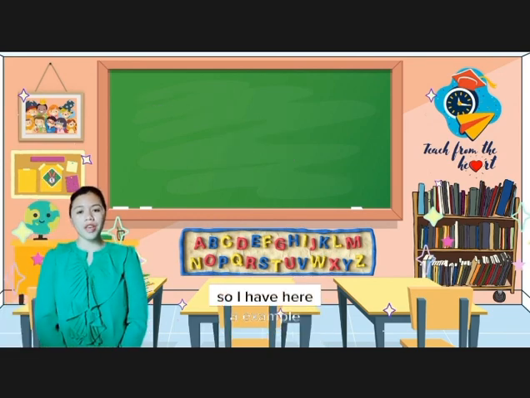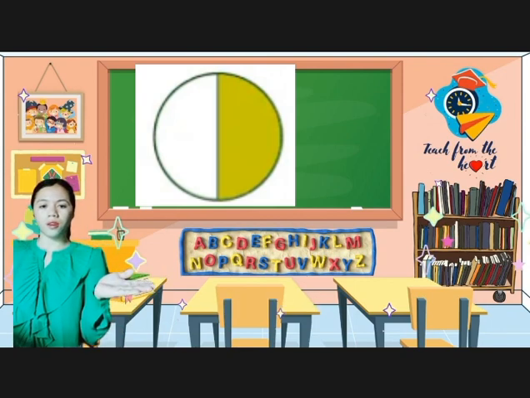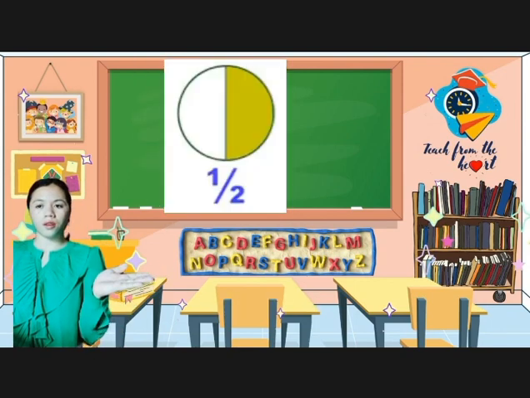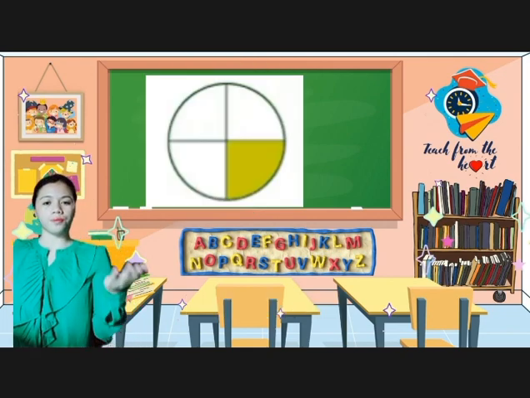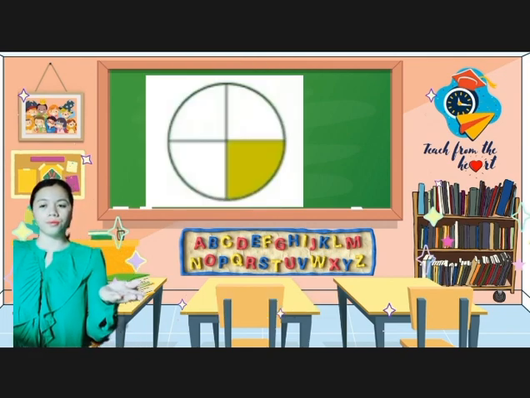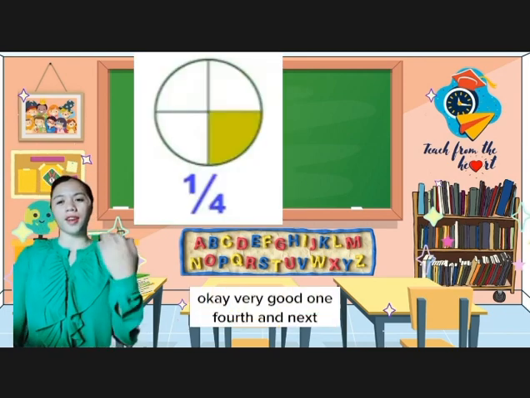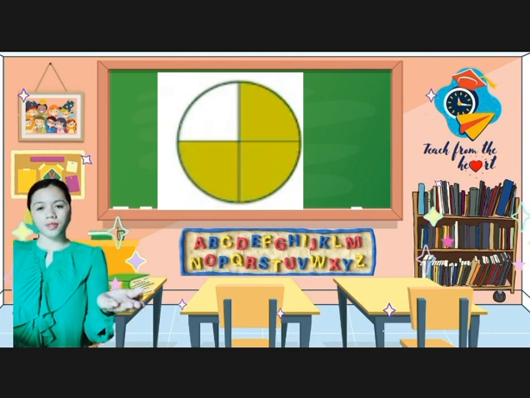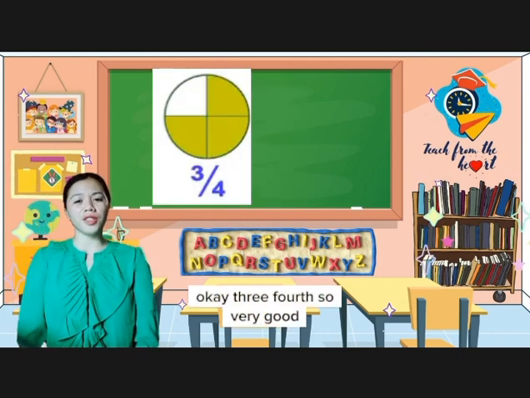I have here an example. This one is very good, 1/2. Next is, okay, very good, 1/4. And next, okay, 3/4. Very good.